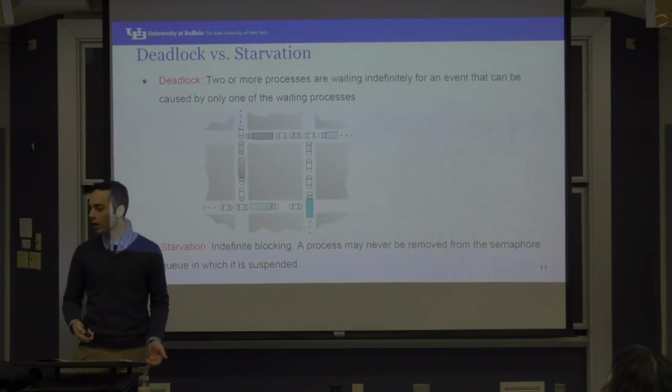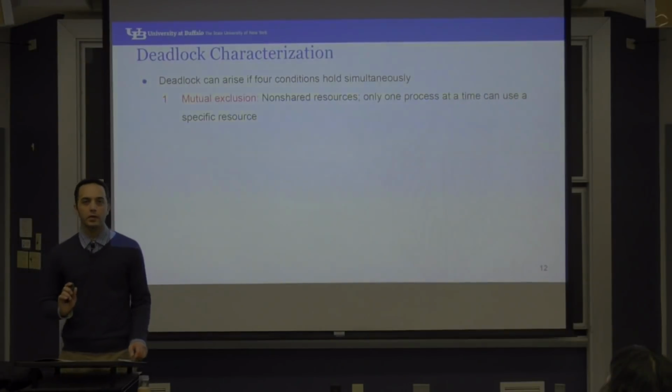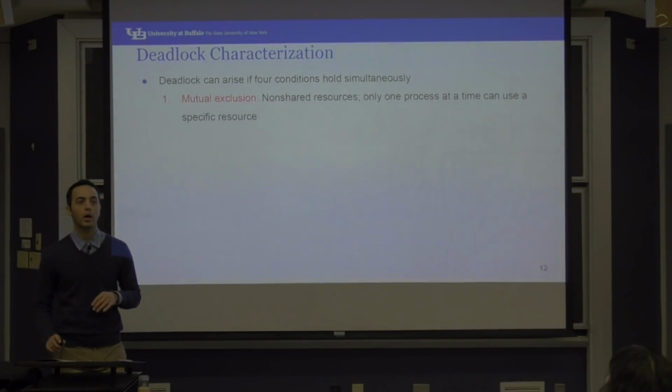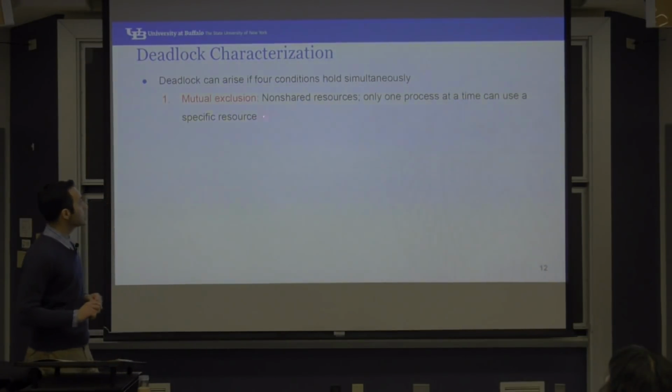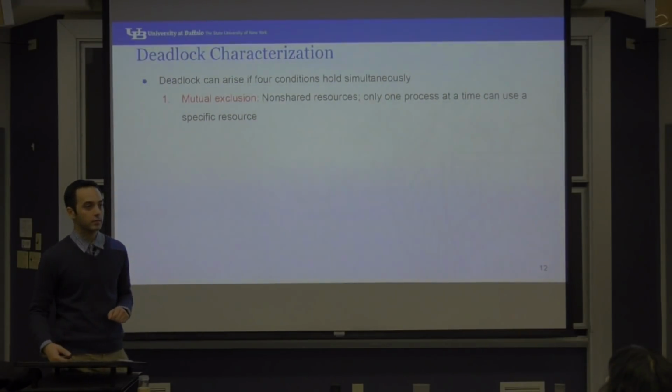Okay? So when deadlock happens, there are four conditions, all of which should hold. It's not either-or, it's all of them. The first one is mutual exclusion. We learned about it last session. Can you tell me what it is?